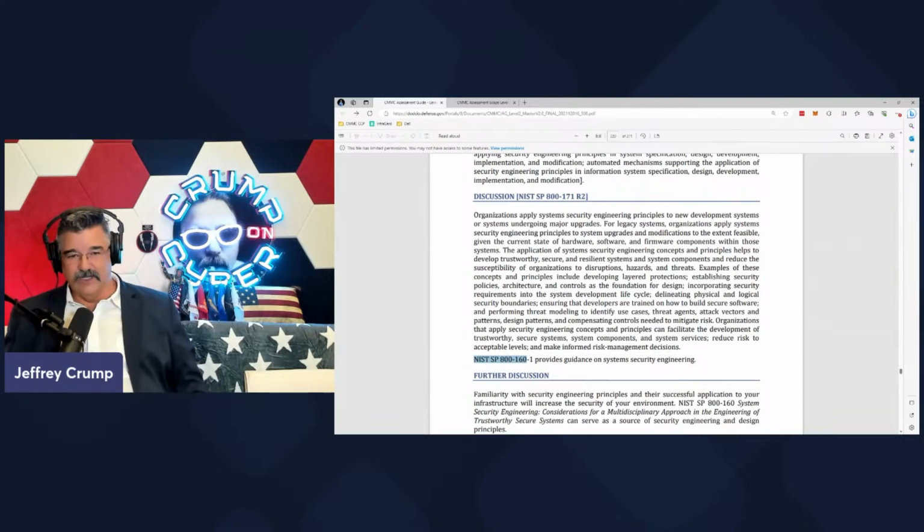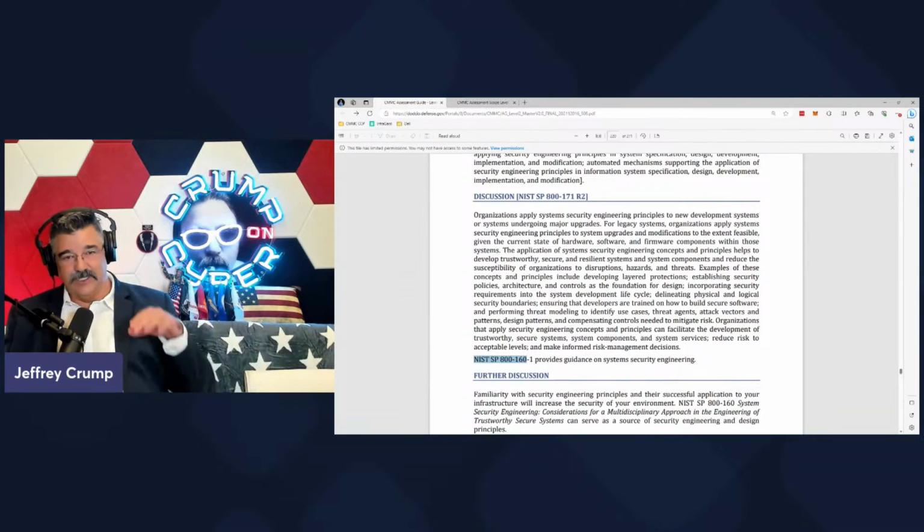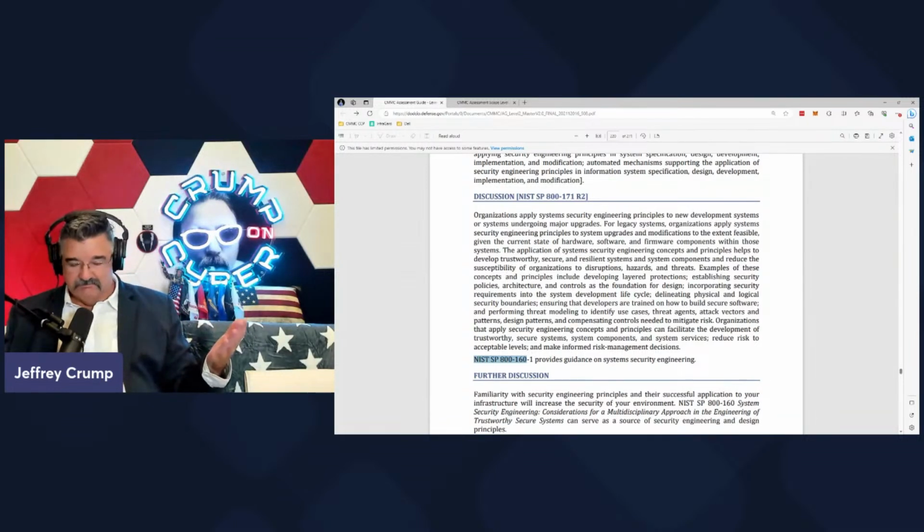Okay, the goal of 800-160 is to address security, safety, and resiliency issues from a stakeholder's perspective and protection needs, using engineering processes all across the entire SDLC. Right, so all the way from the architecture design element.